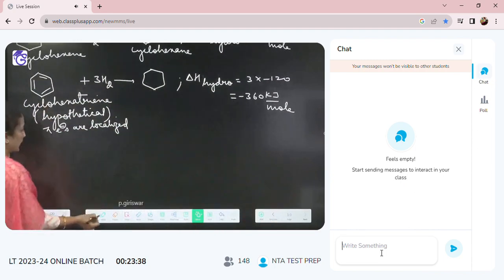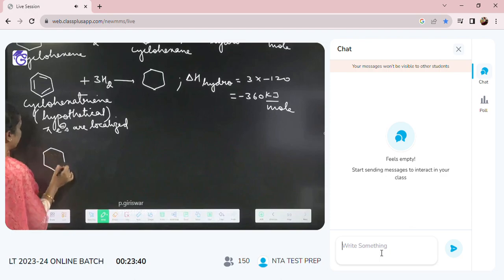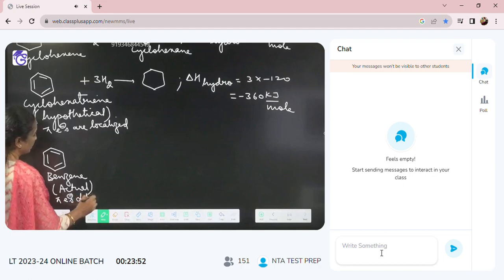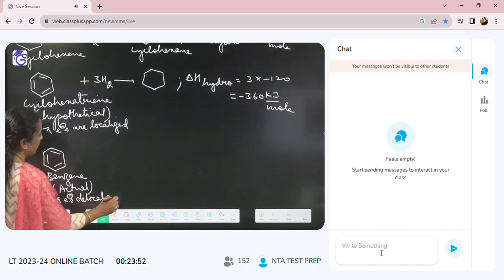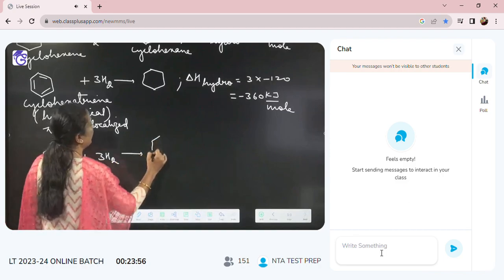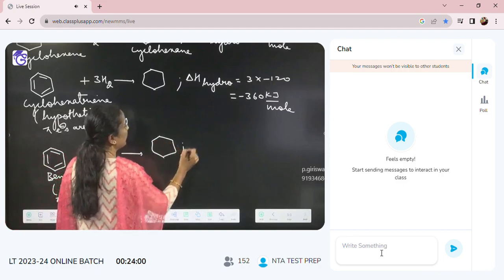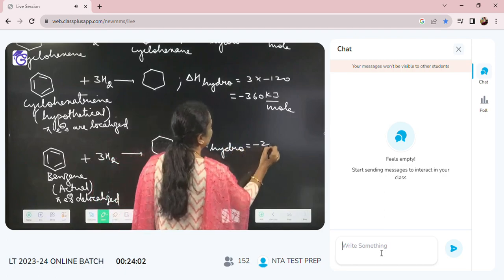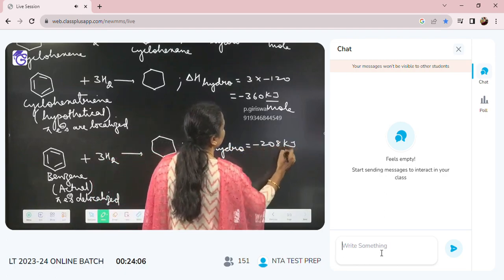Now when scientists took actual benzene, I am writing here benzene, and I am saying this is actual, because here the pi electrons were actually delocalized. They are not present at the same place. When they carried out hydrogenation of benzene, they identified that cyclohexane is forming, but the enthalpy of hydrogenation is minus 208 kilojoule per mole.